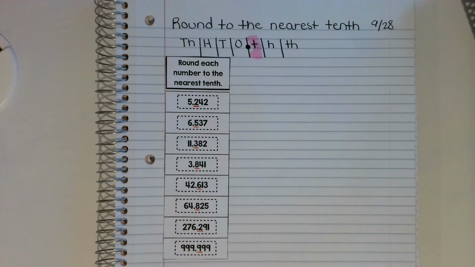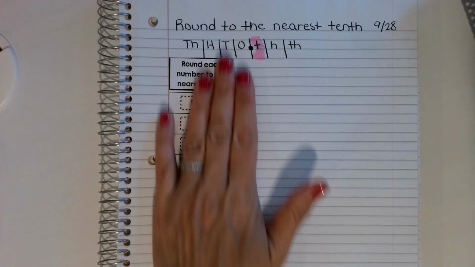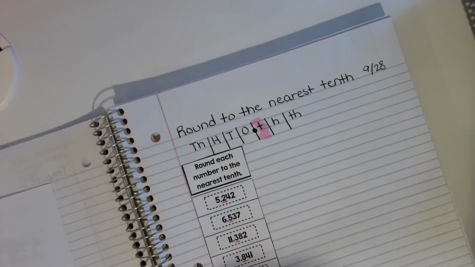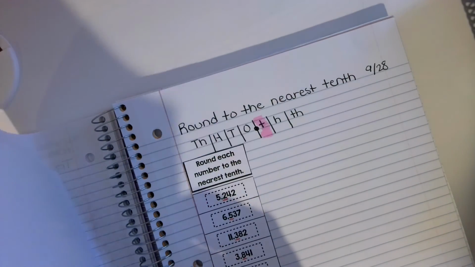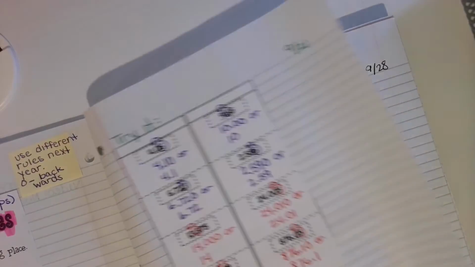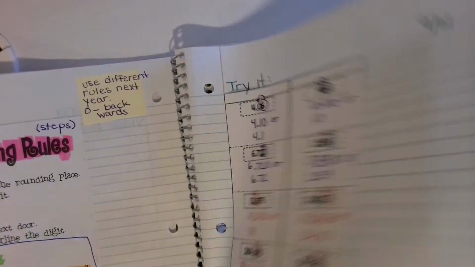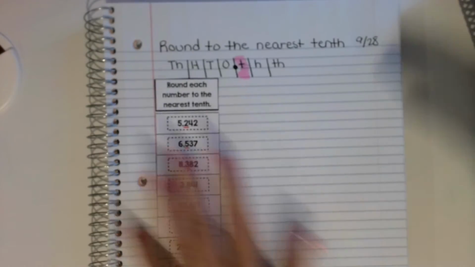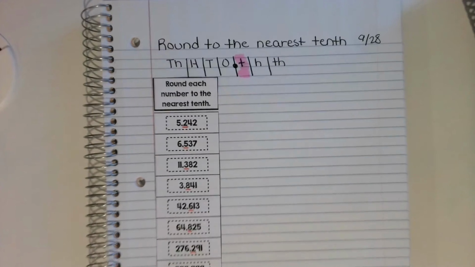Now, I'm going to do a few of them with you, and then you're going to finish the rest. Okay? In my notebook, I have the rules for rounding on this page, this one right here. So make sure you keep referring back to this box right here. But because it's on another page, I'm going to make a little note to myself on this page. So I'd like you guys to do this too.